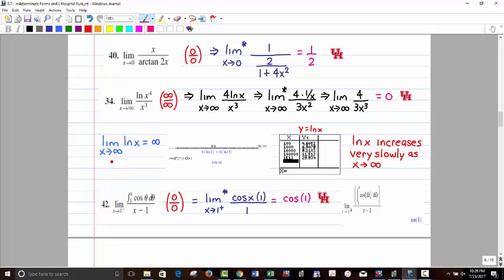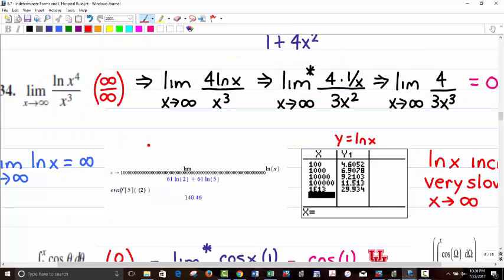So I'm mentioning here that the limit as x goes to infinity of ln of x is equaling infinity. But it's a very slow process. It is not in a hurry to get to infinity. X is obviously climbing way higher. I just put this in Maple. Look, as I put this gigantic number in here with a 1 and a whole bunch of zeros into ln of x, and it came up with this, and I just converted it to decimal.